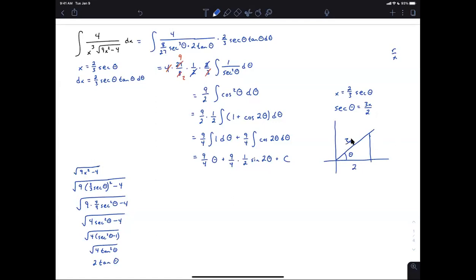Without writing it out, what we're going to do is take the hypotenuse squared minus this other side squared and then take the square root. That gets us the square root of 9x squared minus 4, which is good because that does match the square root in the original problem. Does that make sense to everybody?